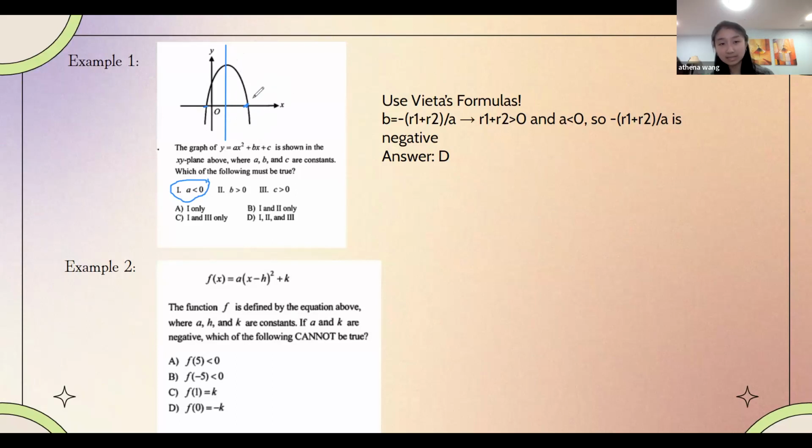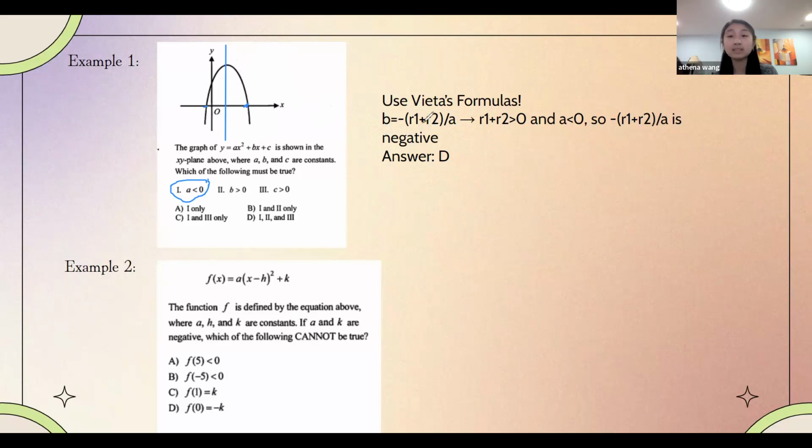So if we multiply this average by 2, that would be the R1 plus R2, and that would also be positive. So we have B equals negative R1 plus R2 over A, because negative B over A is R1 plus R2.